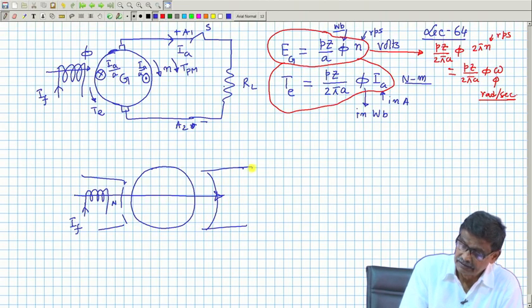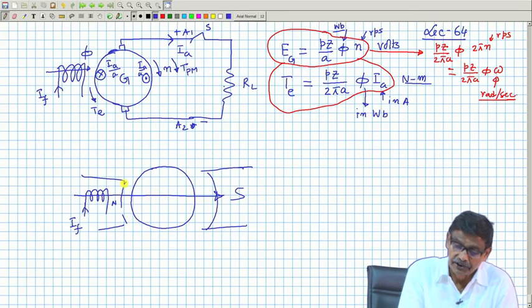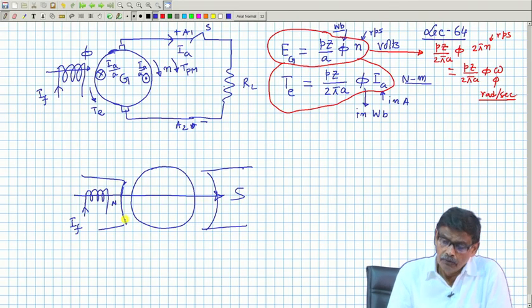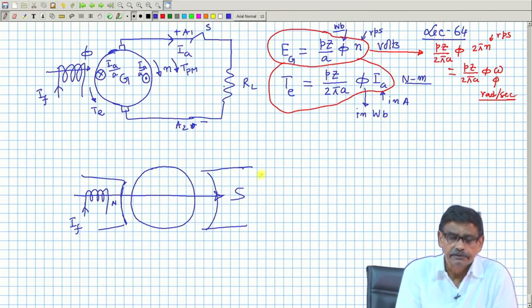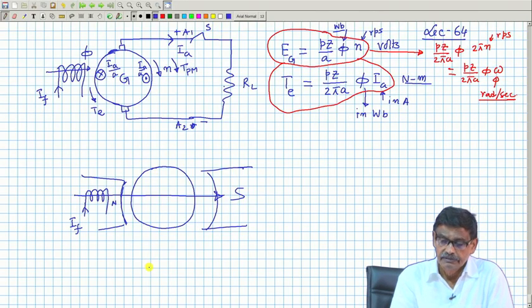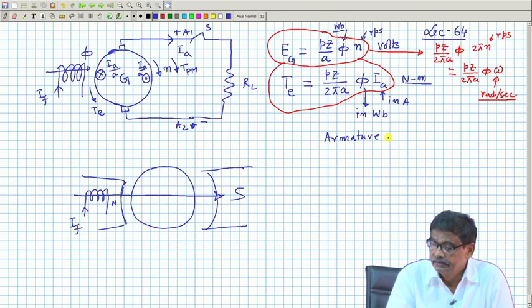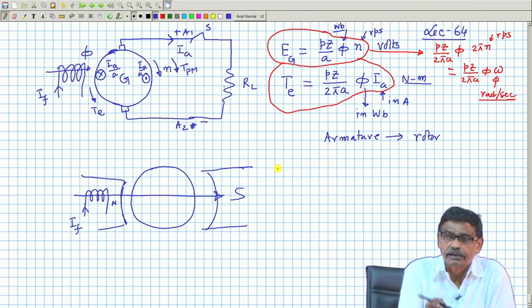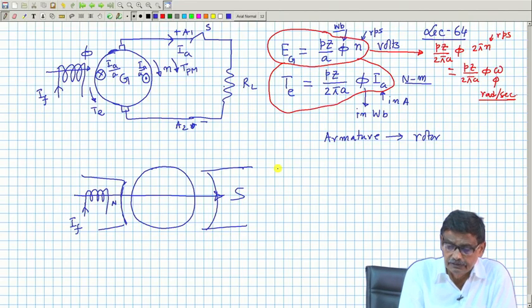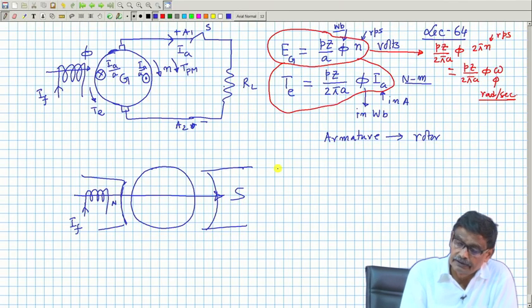Now, if there is no armature current, that is, if this switch is open, then of course there is no armature rotor field. Stator field is present, no rotor field. Mind you, the armature is the rotor. The armature winding is housed in the rotor, not on the stator. Stator is this field winding.